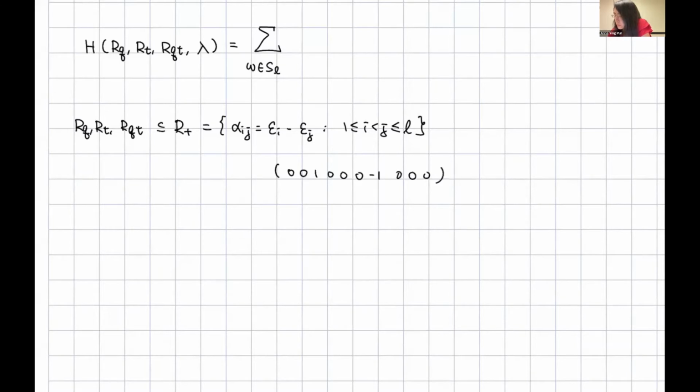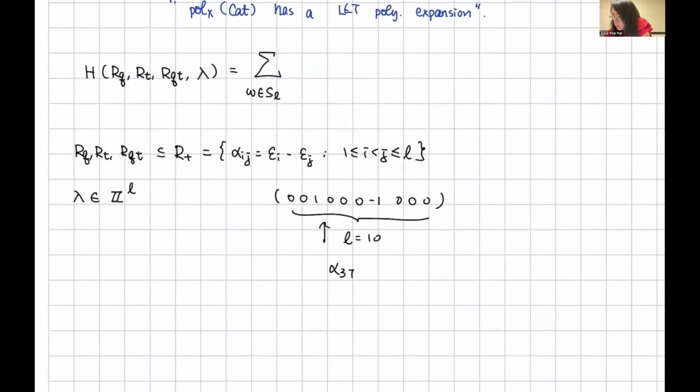In this case, L is 10, and this is our alpha 3,7. Okay, so that's what it is. So you choose something and lambda is here. And then the whole part is kind of complicated. It's x to the lambda, meaning x1 to the power lambda 1, x2 to the power lambda 2, and so on and so forth.